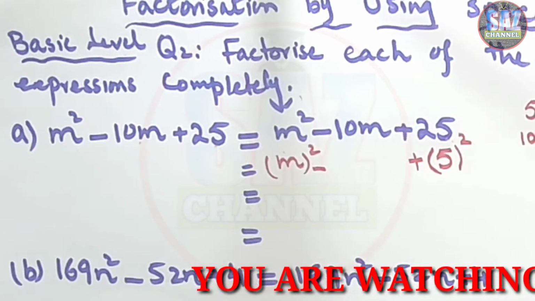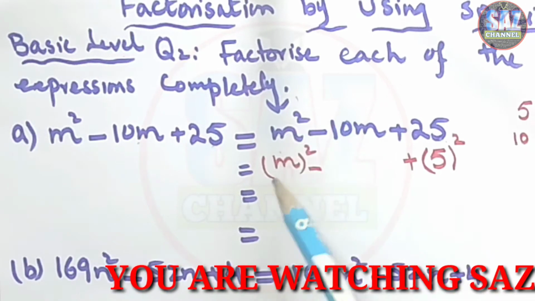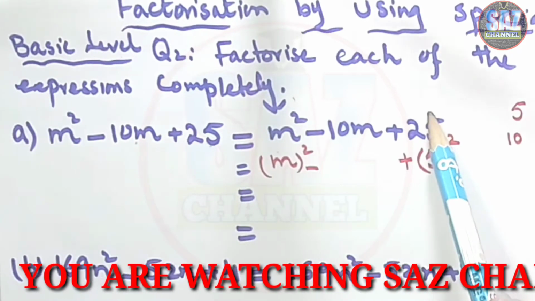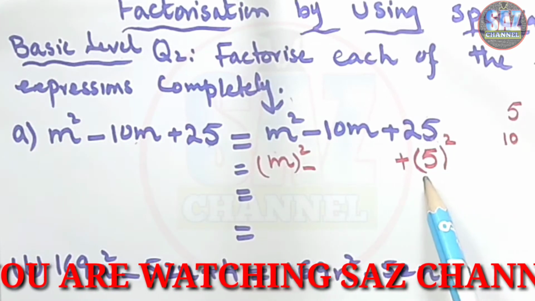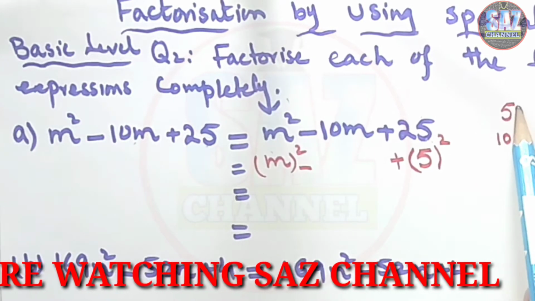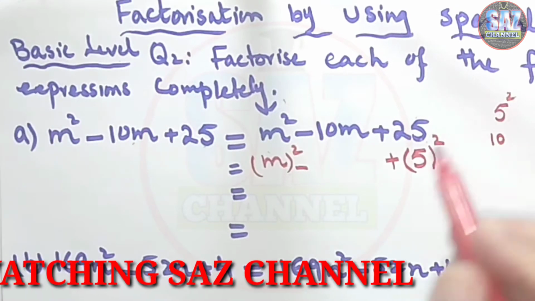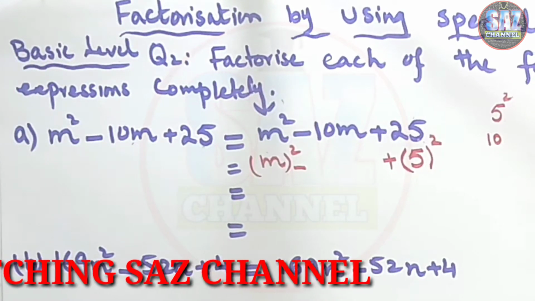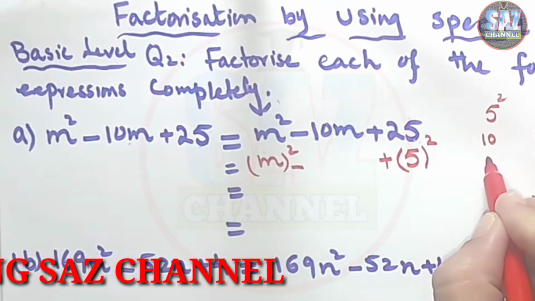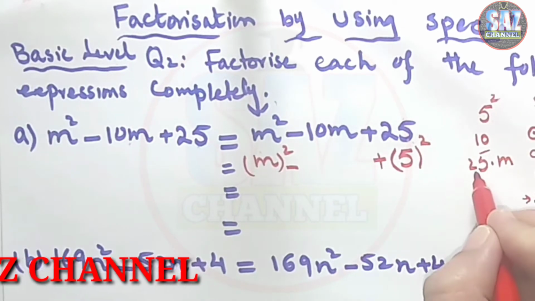How to decide this? For that, we have to see the first term, that is m square. It is already a square term. If you look at the last term, 25, it is a perfect square. We have the number 5, whose square will give me 25 back. And the middle term is the product of the square roots, 5 and m, with 2.